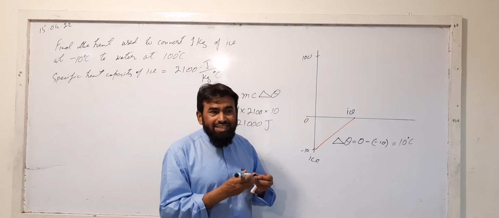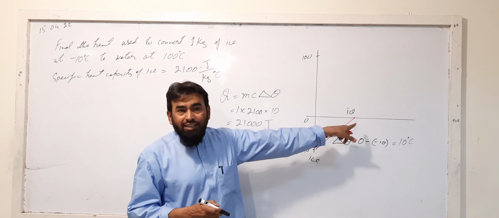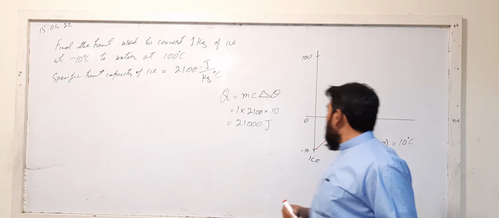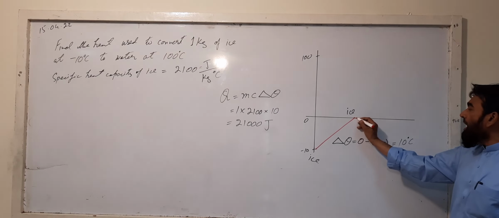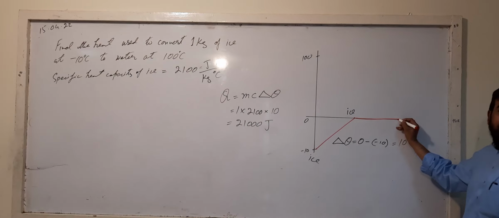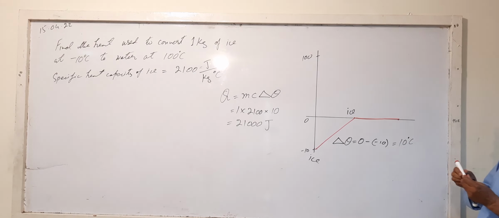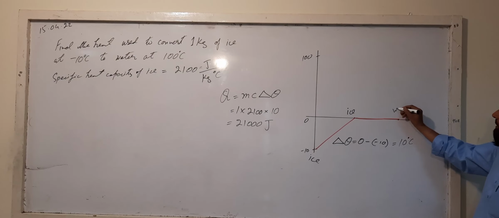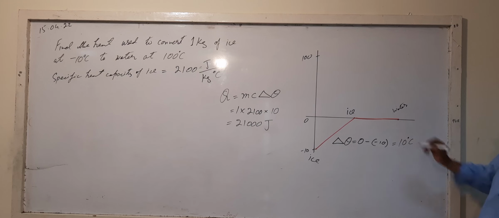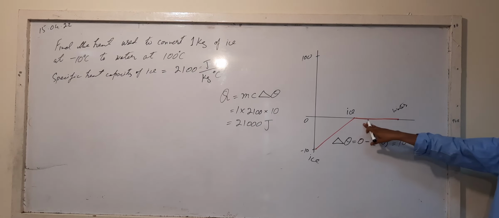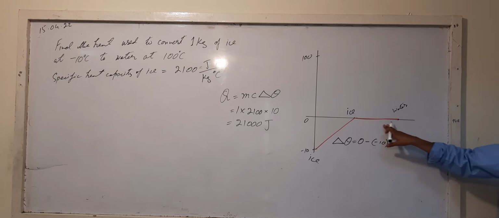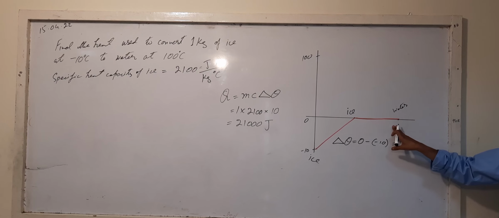Here you can see now this is ice at 0 degrees Celsius. Now the ice at 0 degrees Celsius is going to change its state. Now it is converting to water at 0 degrees Celsius. Here the state is changing. So which formula will be applied?